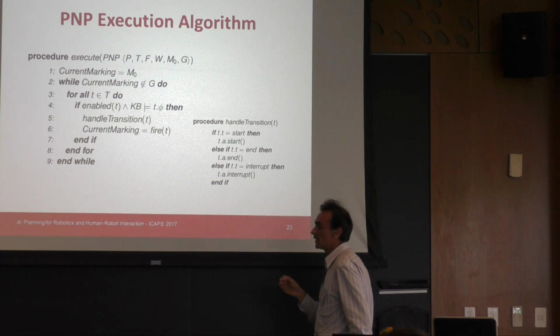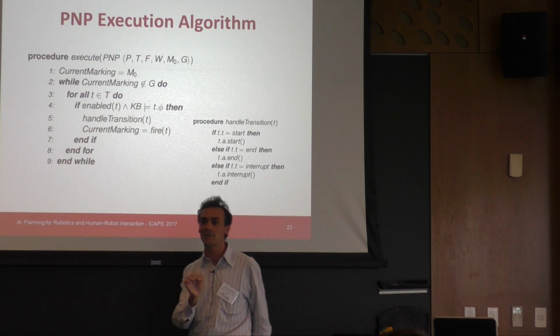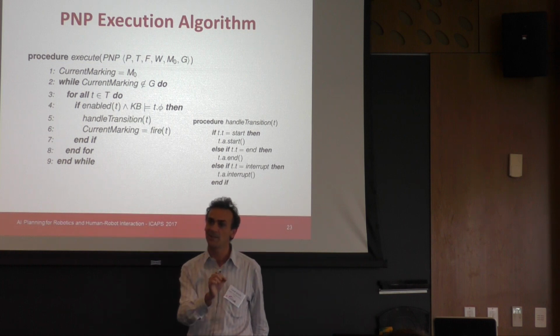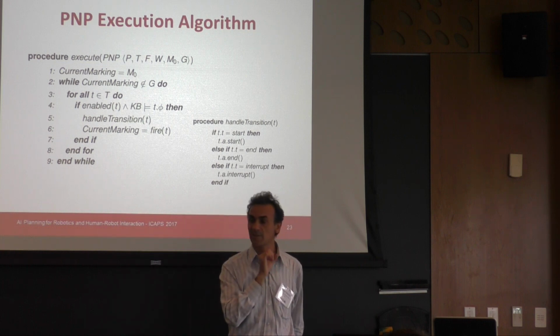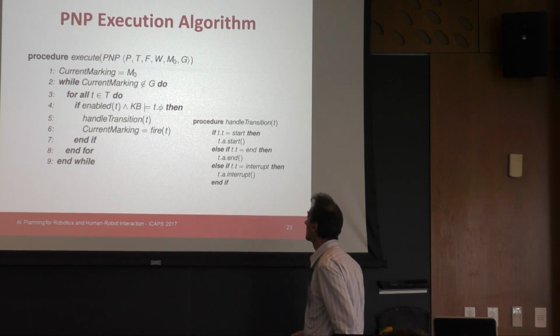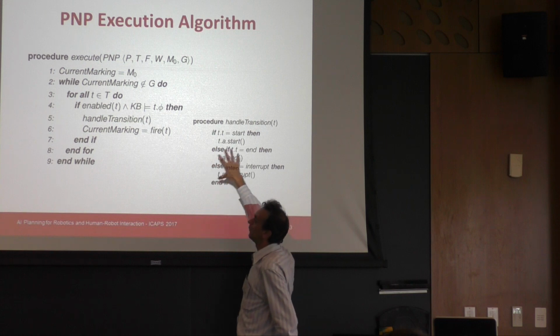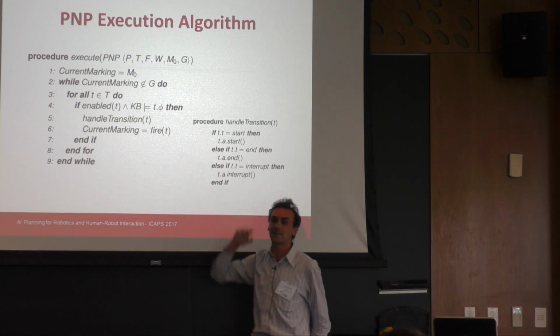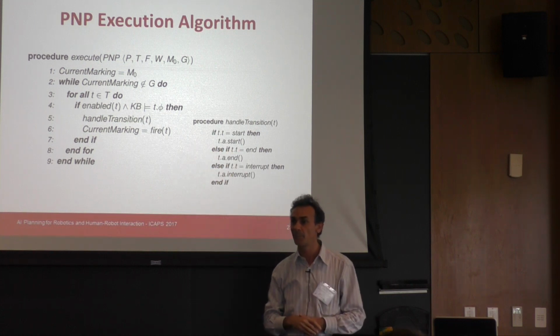Activating the transition means that we fire the transition. That means that we move the tokens from the input places to the output places. So this is a standard execution of Petri nets.